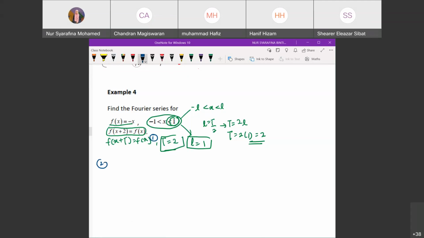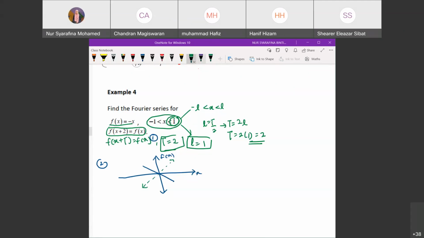Okay, so by graph, this f(x) equals to negative x can be illustrated like this, right? Where the symmetric is about the origin. So this is the symmetric line, the reflection line there.